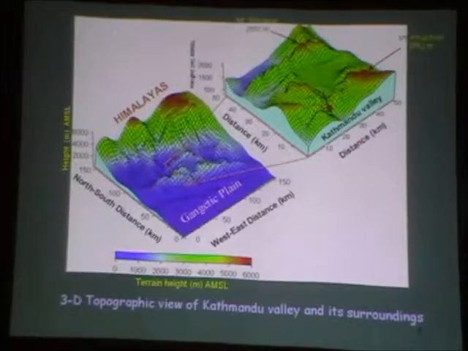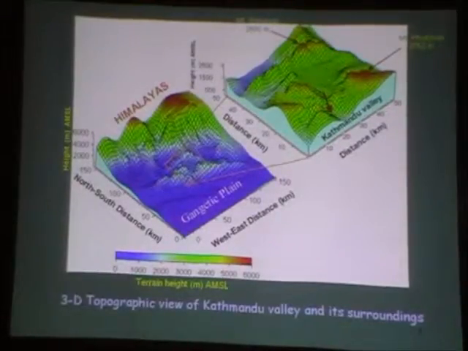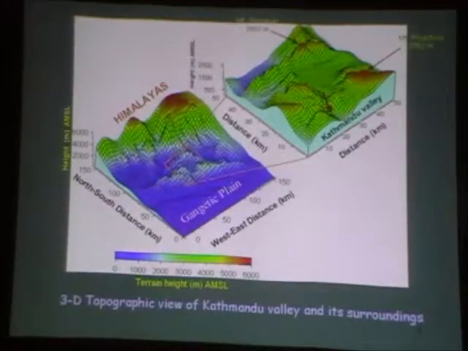If you see the complexity of the terrain, we can expect a large number of subdivisions and subclimates. So the winds associated with these subclimates interact in a competitive manner, and to harness the wind energy, we need to resolve this interaction sufficiently.